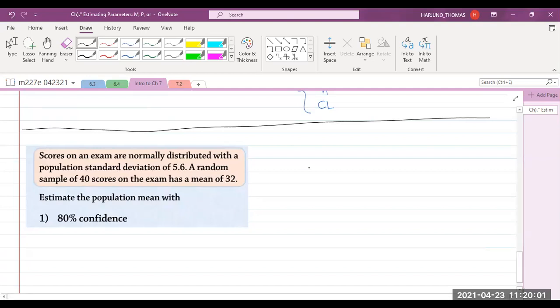So step 1. Maybe let's write down what we have first. Scores on an exam are normally distributed with population standard deviation 5.6. A random sample of 40 scores has the mean 32. So what is the best point estimate? That's X bar equals 32.